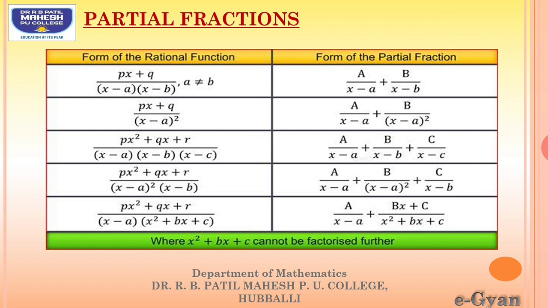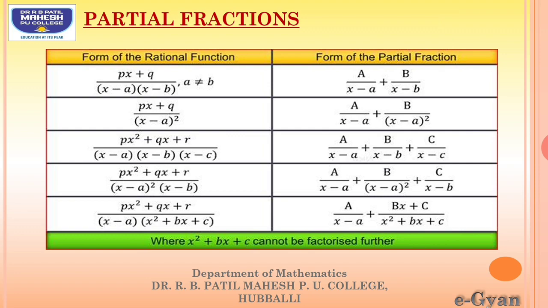So in this fifth form, in the denominator, one linear term is there and the second factor is quadratic. Whenever a linear factor is there, by using the first form, we can take the constant term divided by the first factor, that is a by x minus a.